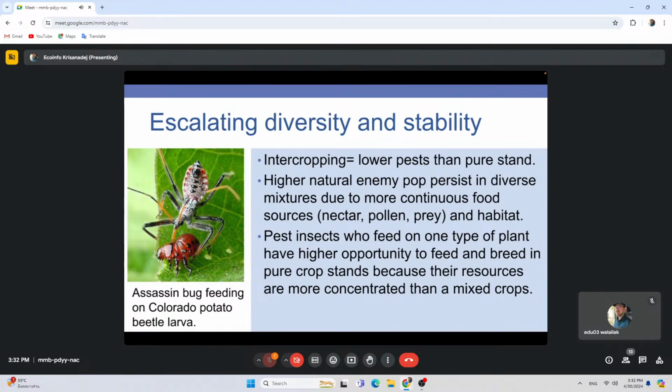Because the predator will have a food source at all times. So basically, you don't need to hire the natural predator. They're always hanging out with you because there is always diverse food available on the ground. You can harbor them because they will stay with you. Okay, that's good.